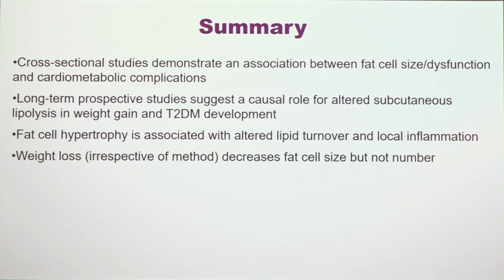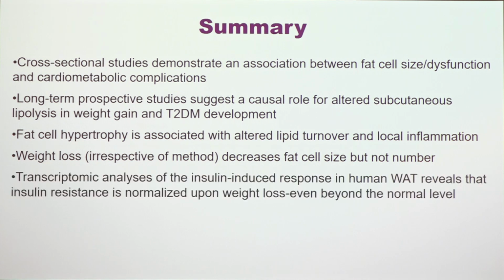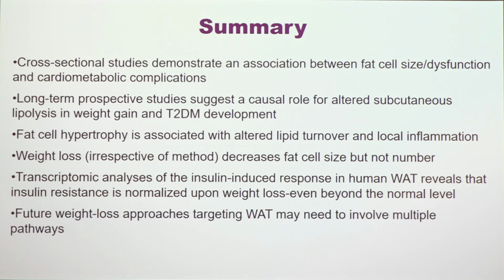Weight loss, irrespective of method, decreases fat cell size but not number. Transcriptomic analysis of the insulin-induced response in human adipose tissue reveals that insulin resistance is normalized upon weight loss even beyond the normal level, and that future weight loss approaches targeting adipose tissue may need to involve multiple pathways.